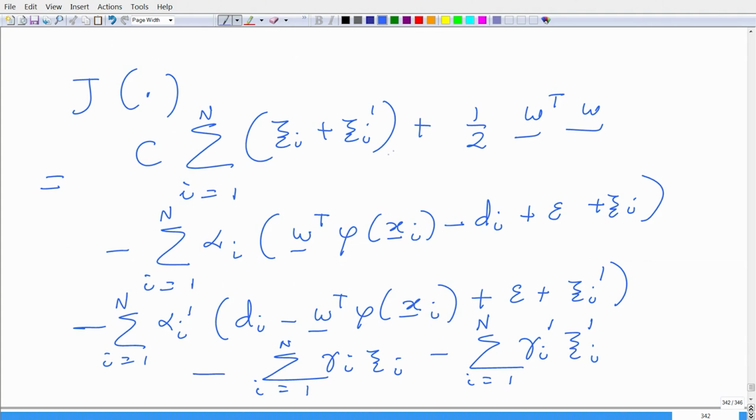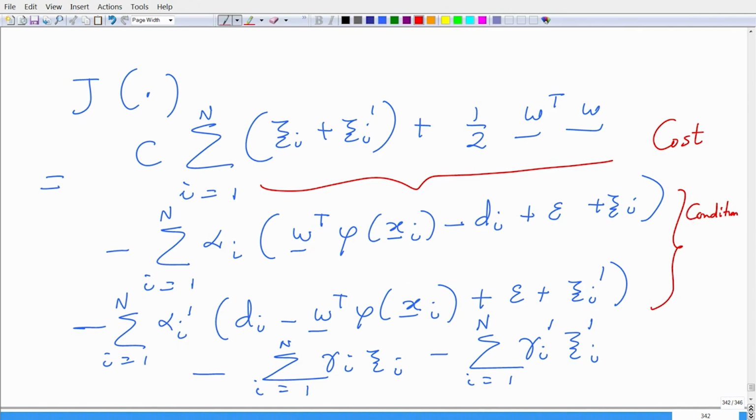This part, the first 2 terms, corresponds to the cost, and the next 2 terms correspond to the conditions for the first 2 constraints that link W, phi and d, with the Lagrange multiplier alpha, for the 2 regions in my epsilon insensitive loss function, and the bottom 2 terms are conditions for the slack variables.